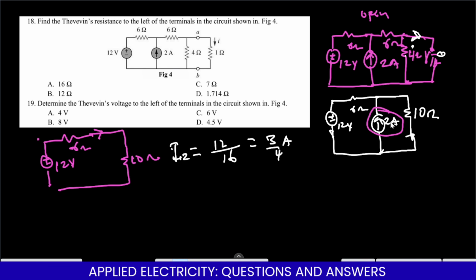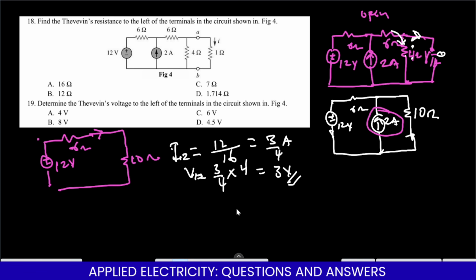If you want the voltage across that end, because it's the same current, you multiply the current by this particular resistance to get the voltage there. So that will be 3/4 times the 4 ohms, and that will give us 3 volts. So this is the result the 12 volt source has given to us.